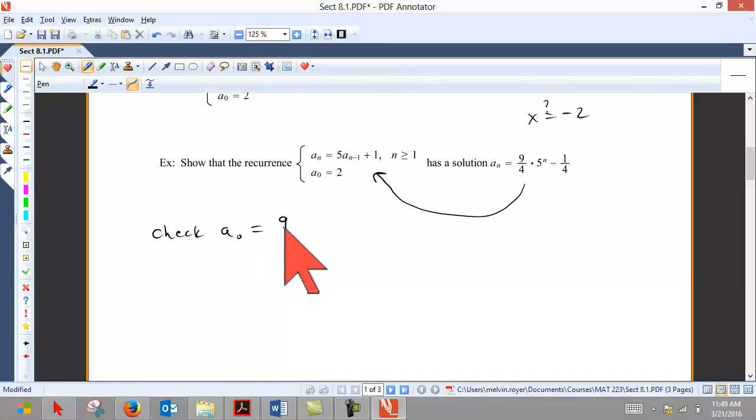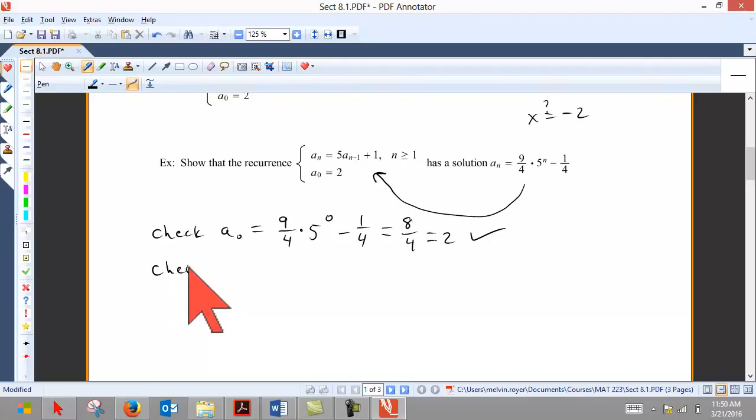So our claim is that this would be 9/4 times 5 to the 0 minus 1/4. So what is that? This is 9/4 minus 1/4 is 8/4 is 2, and that checks. That's what we are claiming that it is.